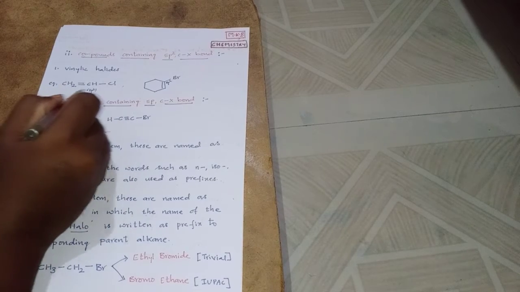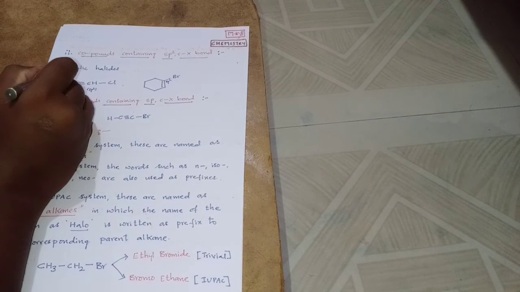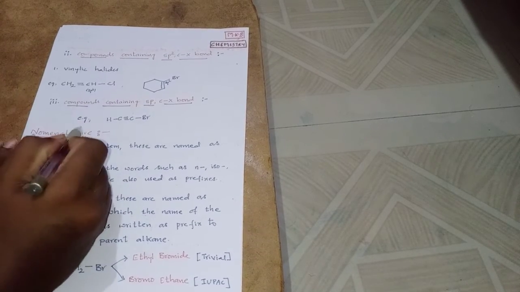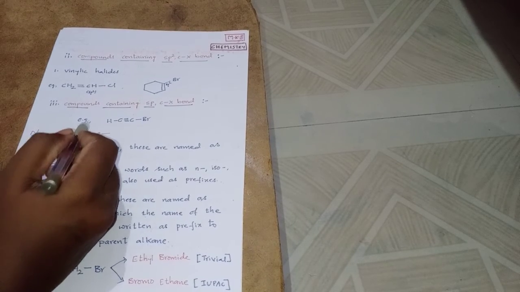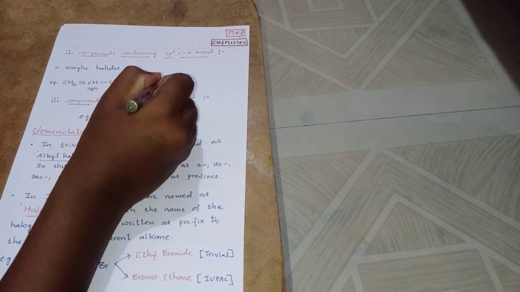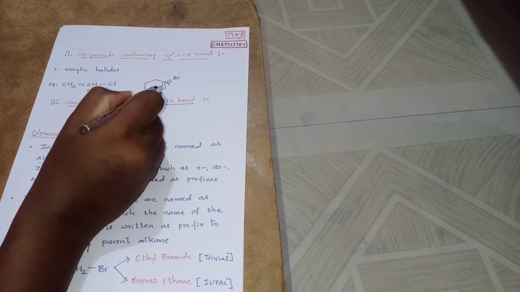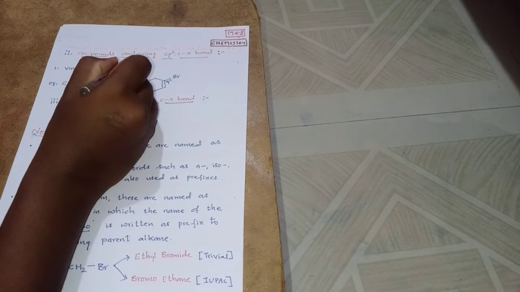Such type of halides are called vinylic halides. In this example also, this bromine is attached to the carbon which has a double bond, so this is also an example of a compound containing an sp2 hybridized carbon halogen bond.